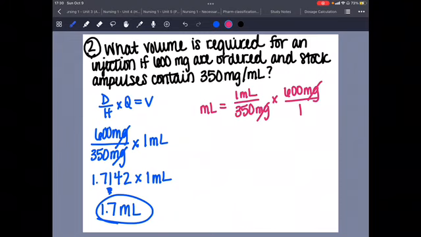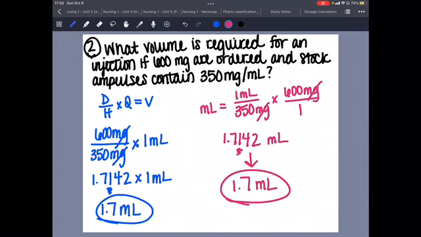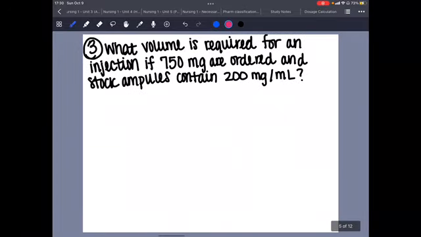And then all you're going to do is multiply that 600 by the 350 like we did the other ones. So 600 divided by 350. Again, you should get 1.7142 mLs. So as long as you round, you should get 1.7 mLs. And there you go.